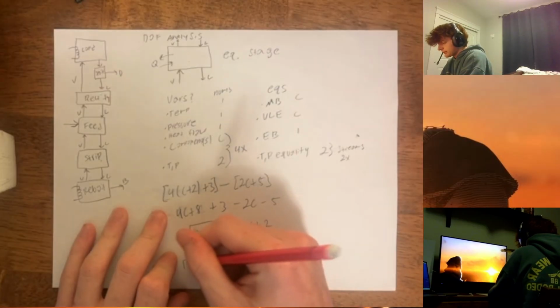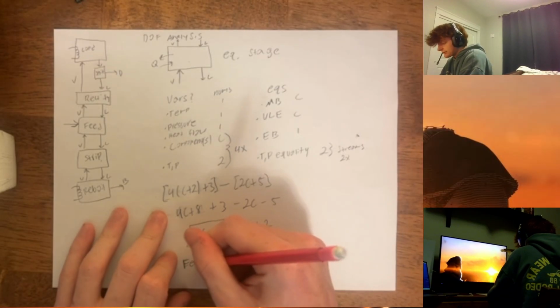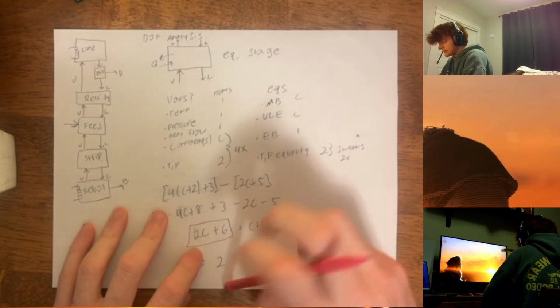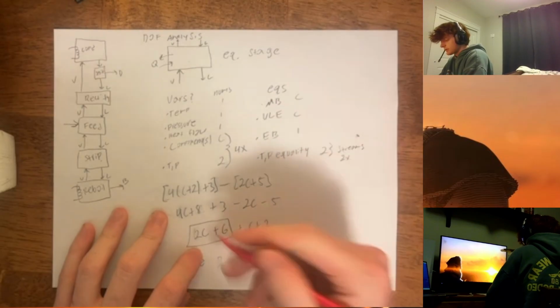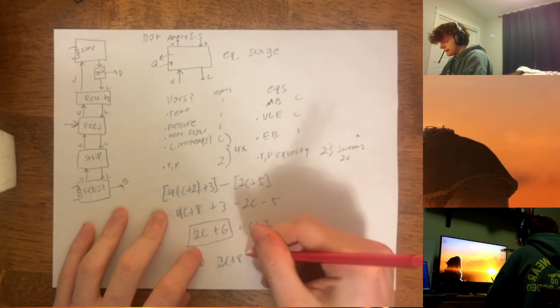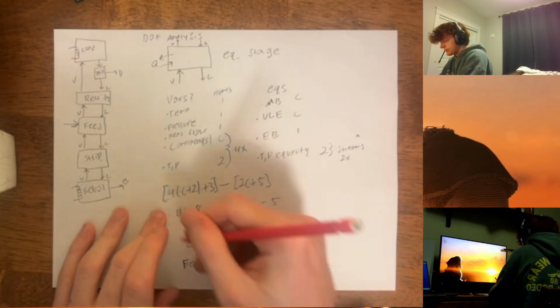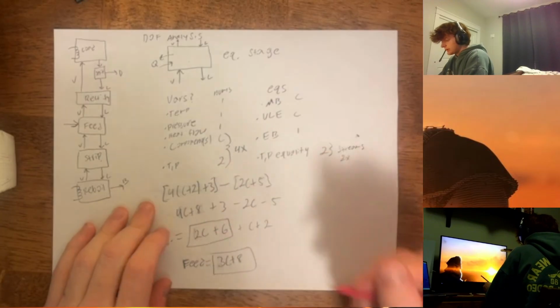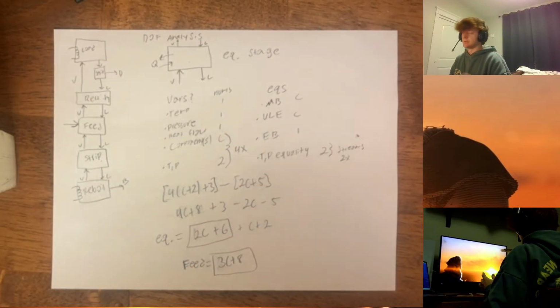So our feed degrees of freedom, since we just add one stream, is going to be 3c plus 8. So 3c plus 8. This is our feed, and this will be our equilibrium degree of freedom. So they just add one stream there.